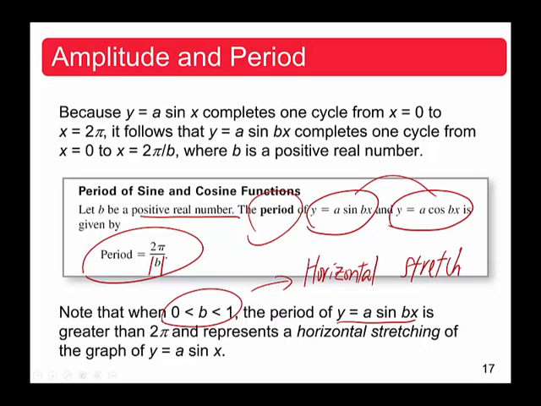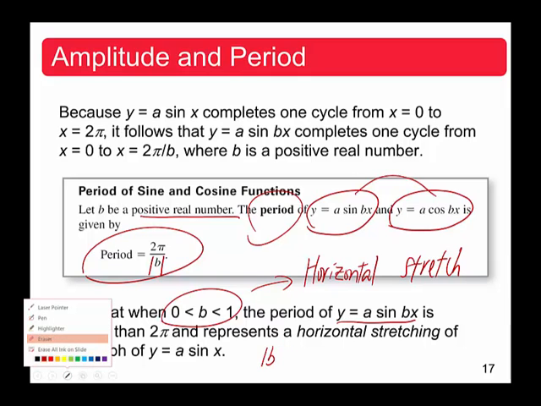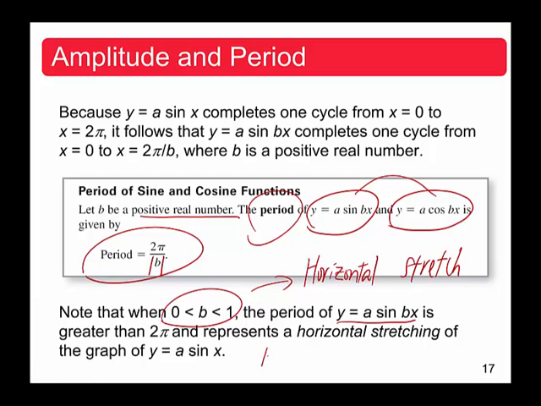And then if b is greater than 1, it's a horizontal shrink because the cycle becomes shorter. So if b is greater than 1, then we have a horizontal shrink, because the cycle becomes shorter. Okay.